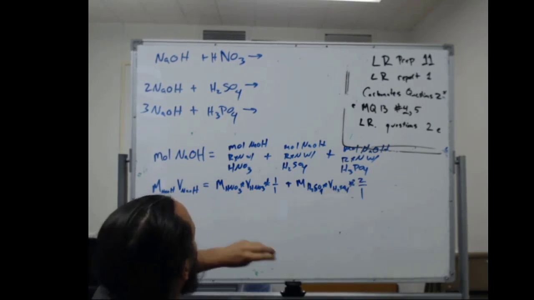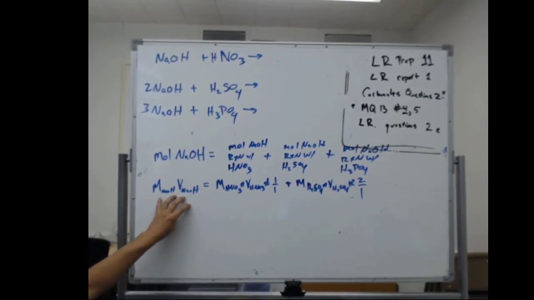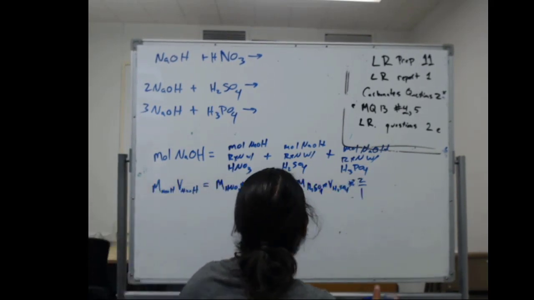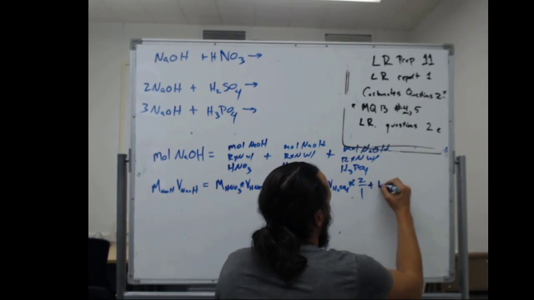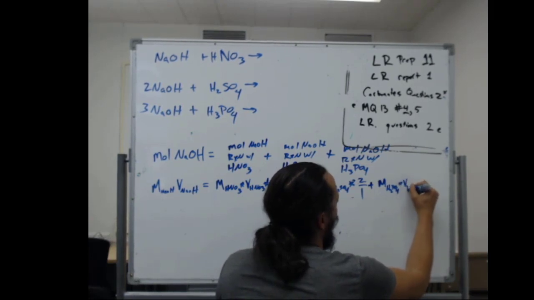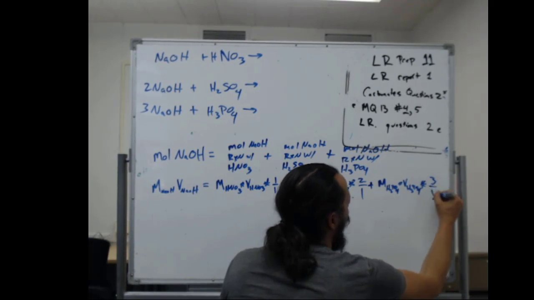Because I want my coefficient, since my end material is in terms of sodium hydroxide, I want my coefficient for sodium hydroxide on top. Plus molarity H3PO4 times volume H3PO4 times 3-to-1 mole ratio.